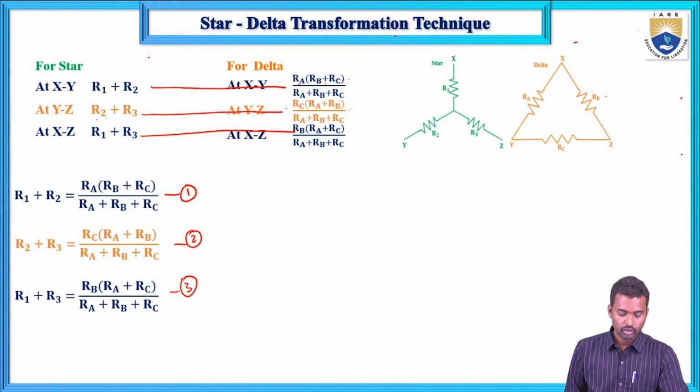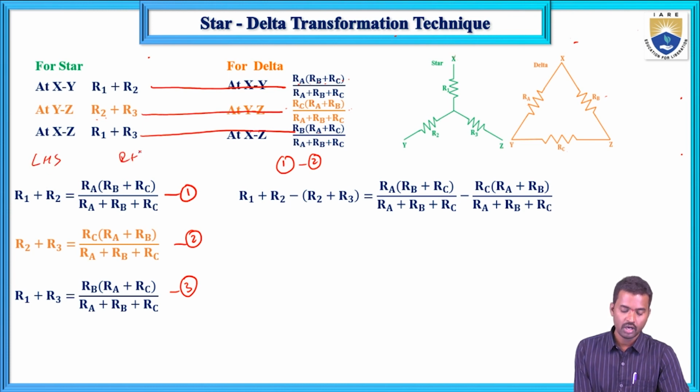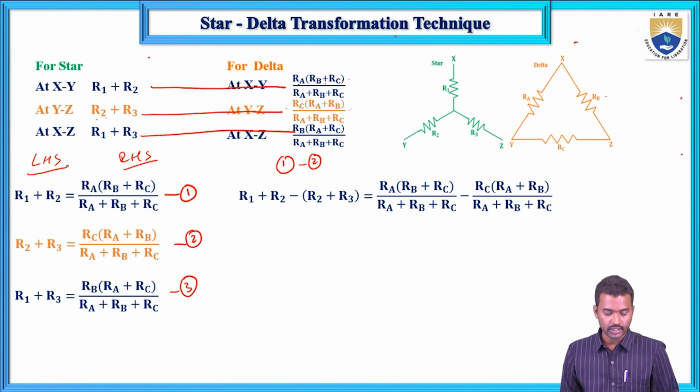Now here, 1 minus 2. Do this one, first 1 minus 2. So this is the LHS side and this one is the RHS side, LHS side and RHS side. So R1 plus R2 minus R2 plus R3.